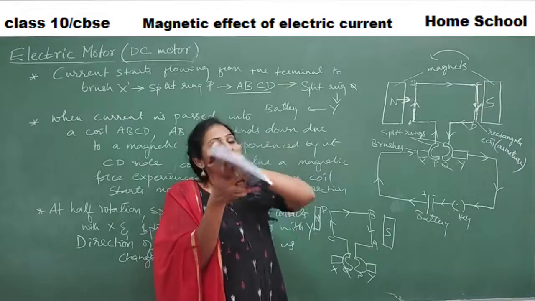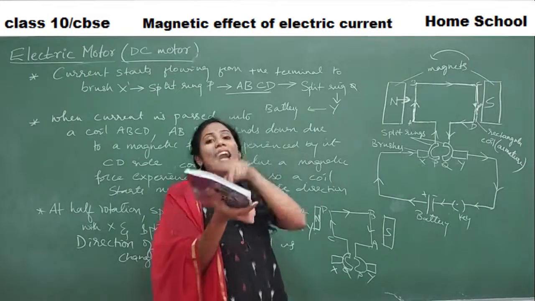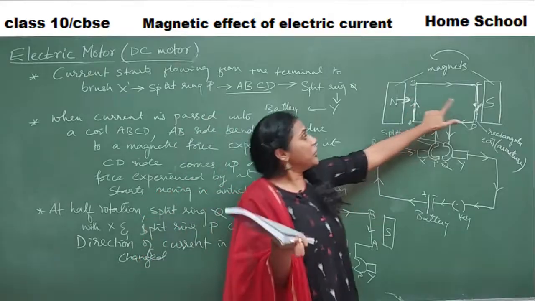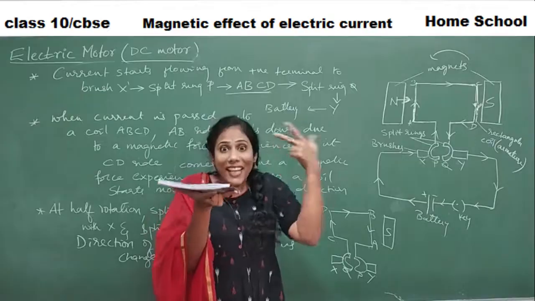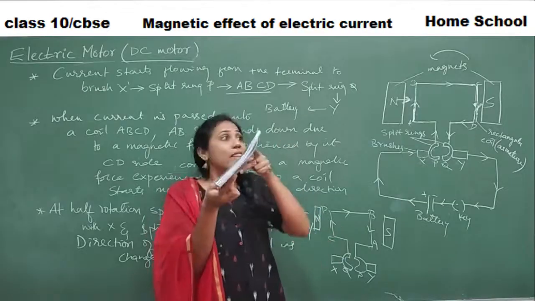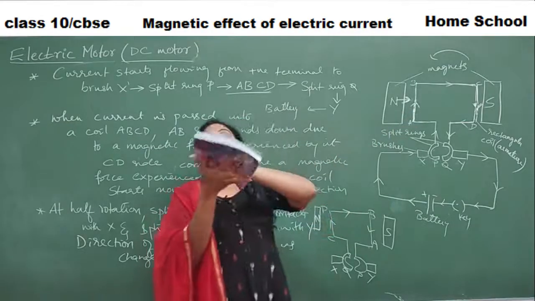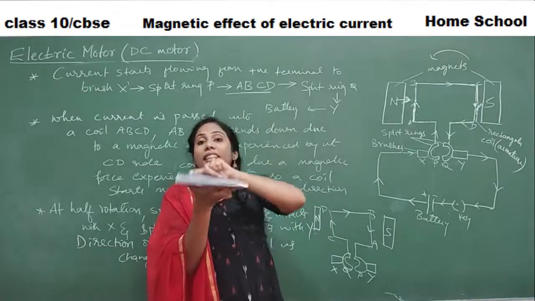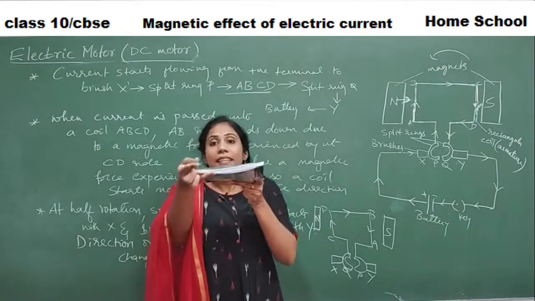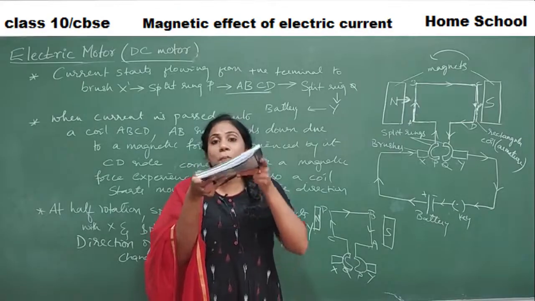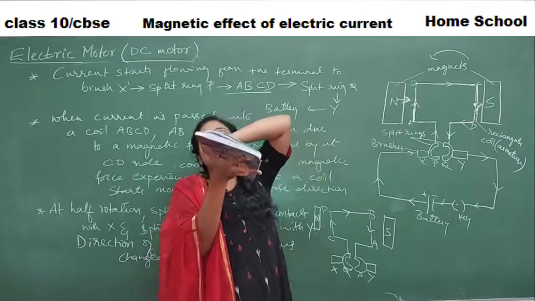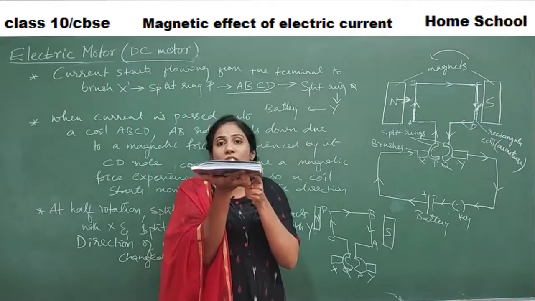Okay, so like this, at every half rotation, change in the direction of current takes place, and that has to happen. Only then the coil can continuously move in one particular direction. Okay, say this was AB, this was CD before. Since the force experienced, you have observed half rotation.